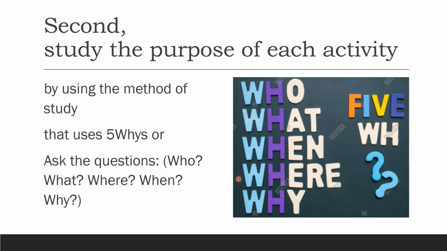The second one is we ask 5 different questions: who, what is going on, when is it happening, where is it happening, and why we do it. But it depends on the activity. So the 2 methods that we use are asking 5 whys or asking 5 different W questions.